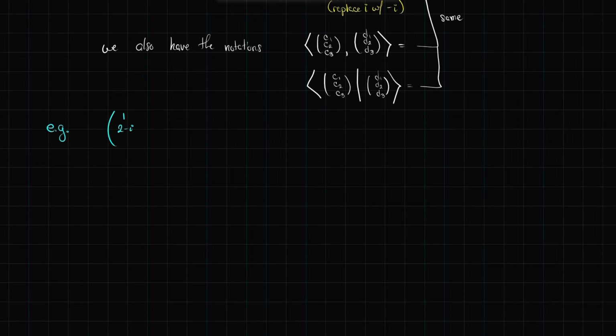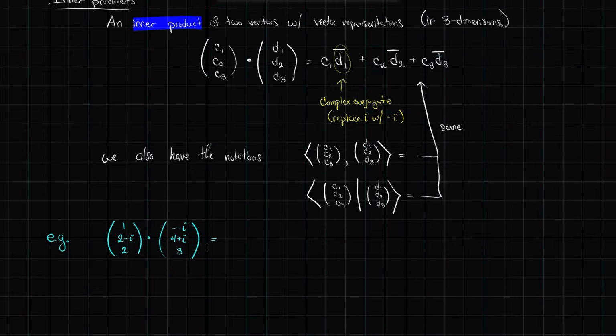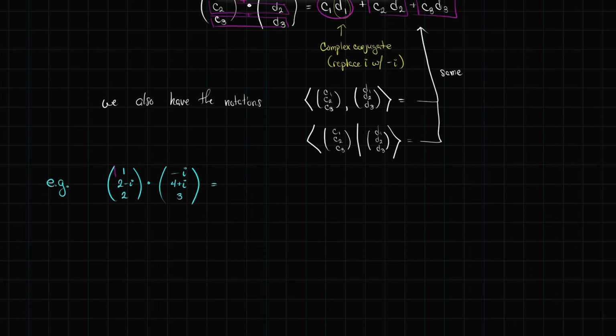1, 2 minus i, 2, inner product, negative i, 4 plus i, 3. What I have to do is identify just straight across, right? The idea is the C1, D1 is just straight across, plus C2, D2, which is just straight across again, plus C3, D3, which is just straight across again, and I just have to keep in mind that each of the D's come along with complex conjugates. So all I'm doing is I'm looking straight across, and I multiply these two terms, and I'm taking a complex conjugate on that side.